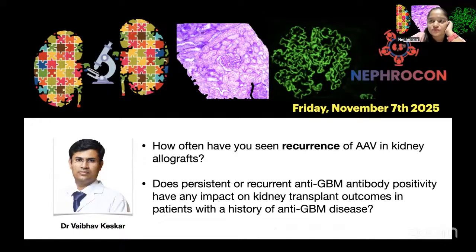Right. So I think we've already discussed if anti-GBM antibody positivity has any impact on kidney transplant. The titers don't have any significance. And although we should have a clinical suspicion of recurrence, when would you want to screen for recurrence in these cases? So we don't screen them routinely.